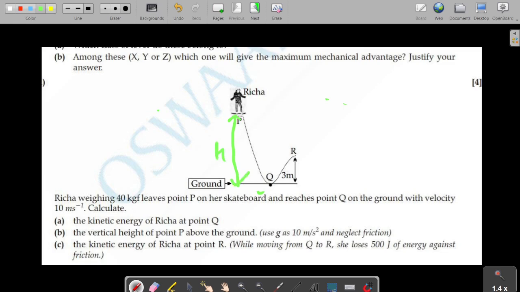As you can see from the figure, Richa is at point P. It has some height h. So there will be potential energy, and kinetic energy at point P will be 0 because Richa is at rest at point P. So total mechanical energy will be the sum of potential energy and kinetic energy. So now we will calculate total mechanical energy at point P first.